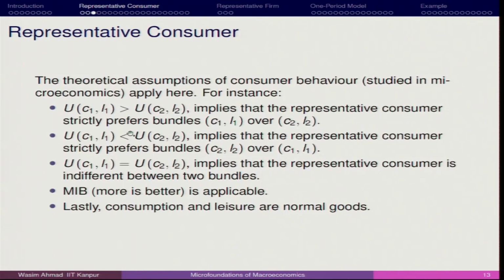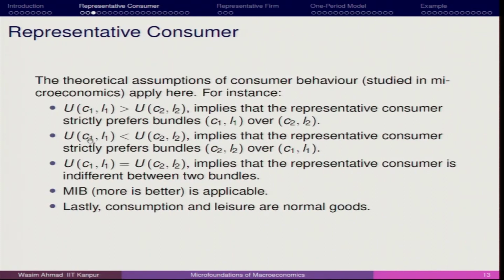Here it is simple: if the utility from bundle (C1, L1) is greater than the utility from bundle (C2, L2), then we say that the consumer strictly prefers bundle (C1, L1) over (C2, L2), which means that the consumer likes it more and thinks he will have more utility by consuming (C1, L1).